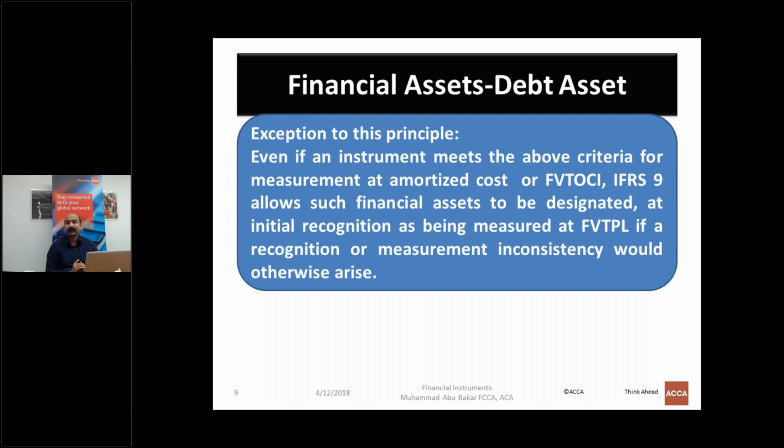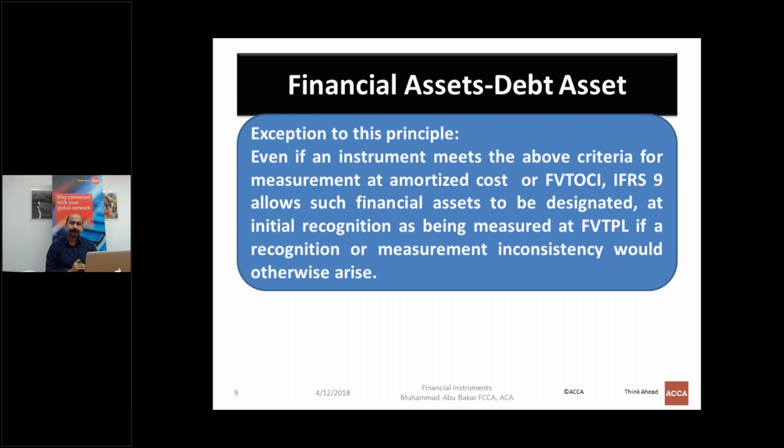But this will result in an accounting mismatch. In that case, instead of meeting those conditions, you will be measuring that financial asset at fair value through profit or loss in order to avoid that accounting mismatch.